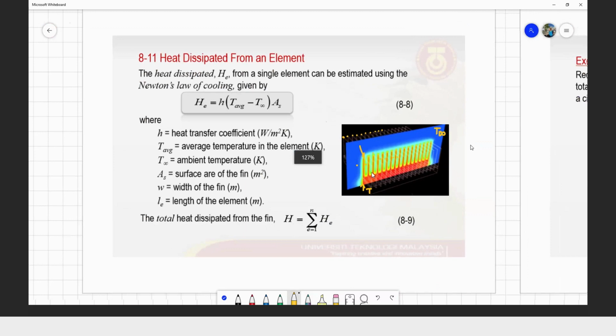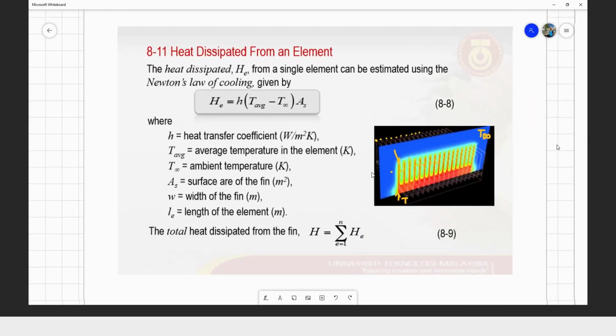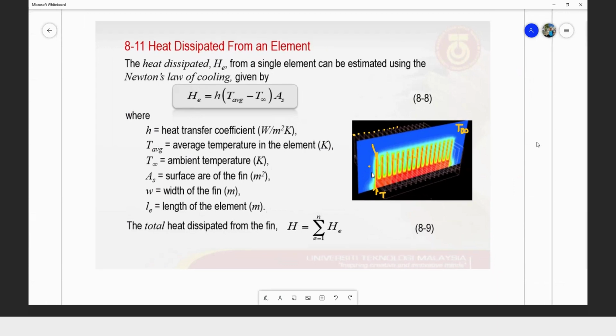In reality it is like that, but in our course we have to impose some assumption by assuming convection happens uniformly.